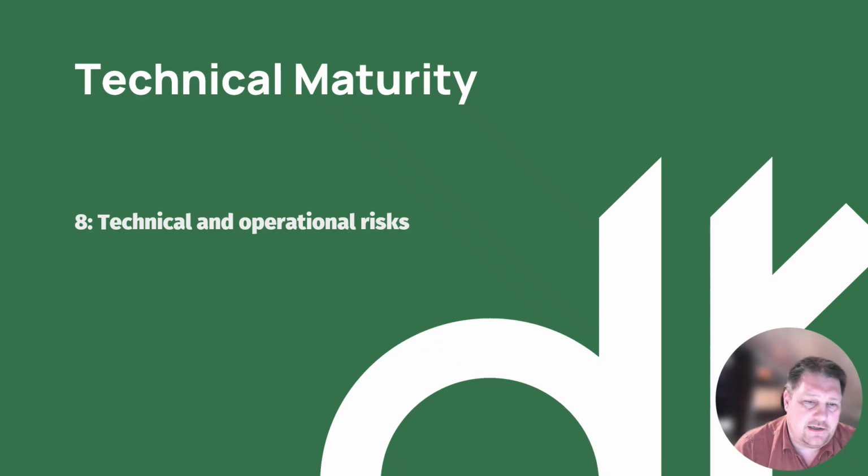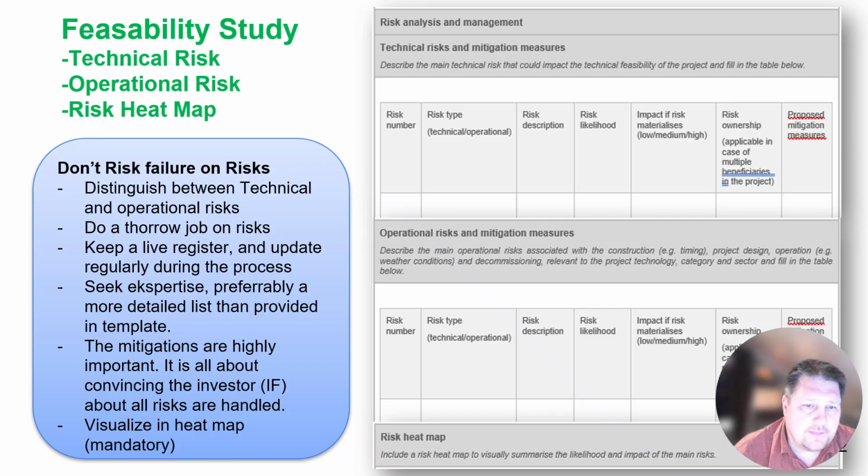When it comes to the technical and operational risk, this is a section that is really important. Most failures in applications we've seen so far linked to the technical maturity fails on the risk and the mitigation part.